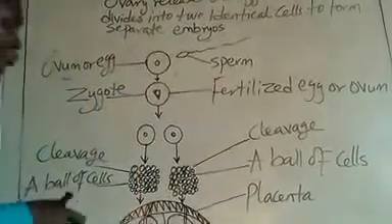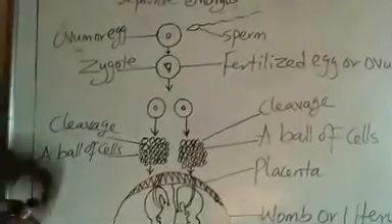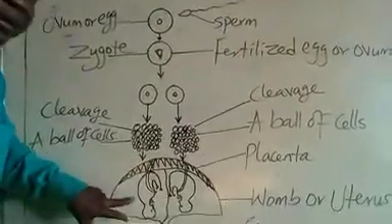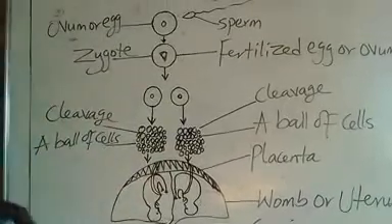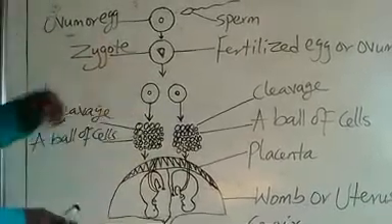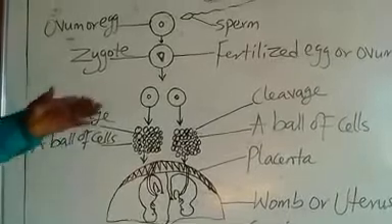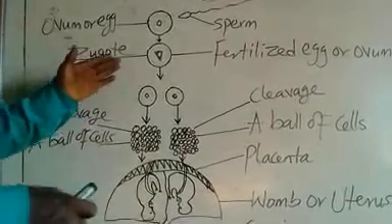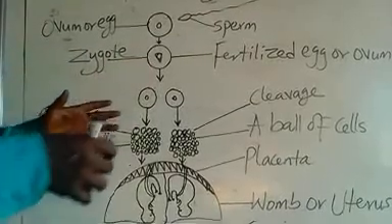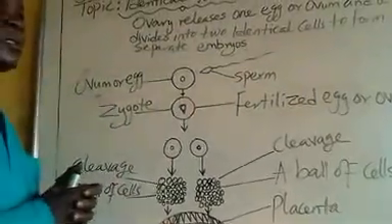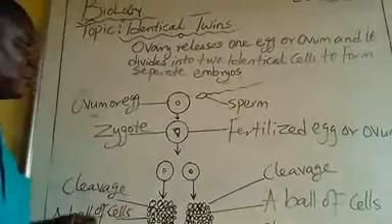For you to have a fetus, for you to have a baby, there is what we call cleavage, the splitting of cells.